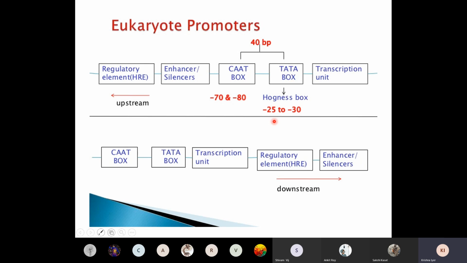And in addition, we have enhancers, silencers and regulatory elements which could be present upstream or downstream of the region which is going to be transcribed.